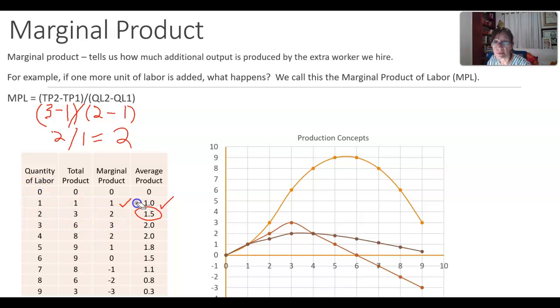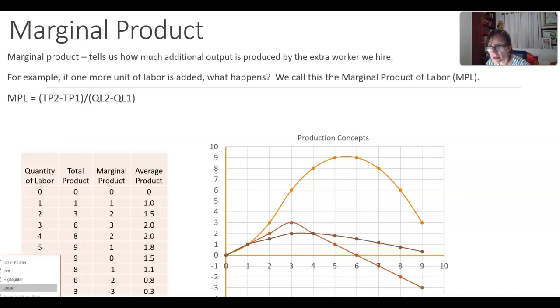third person. And so I'm going to erase all of this so it doesn't get too crazy and messy. Okay, so we were here at 2, and now we're going to add a third person. And when that happens, our total product goes from 3 to 6.